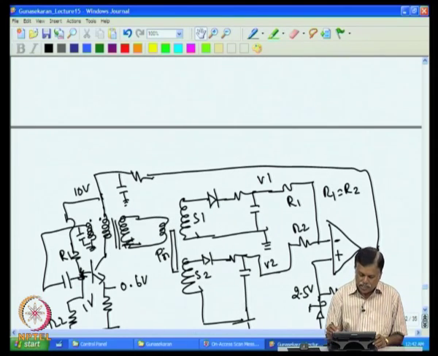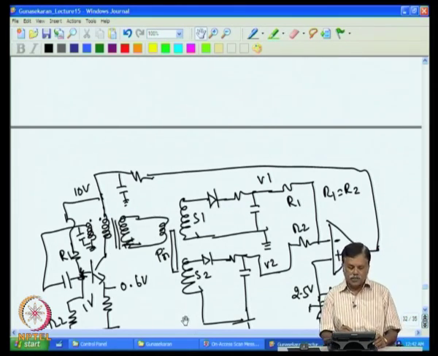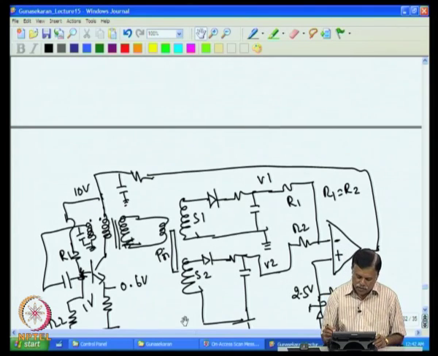So, that is what we are trying to do. Here the DC voltage is converted into AC voltage using this amplifier, and that AC voltage is applied across this. When this voltage is more, you will get more AC voltage here. If this voltage is less, you will get less AC voltage here. That way the primary is energized using this oscillator.